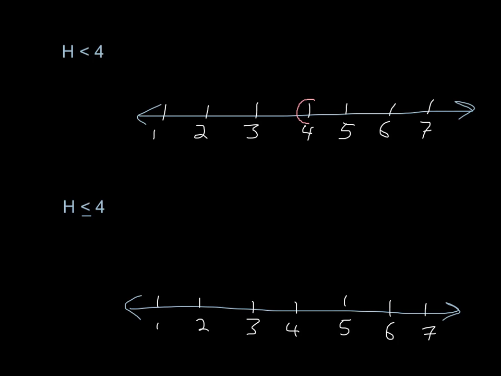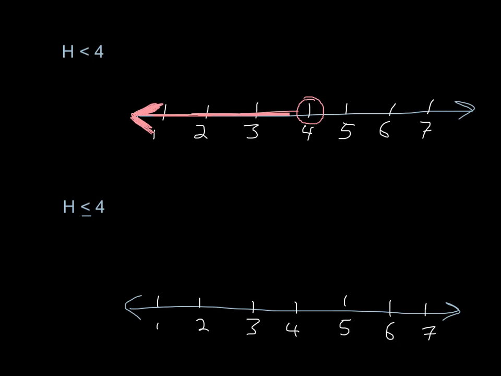We have to circle around 4 and go in the less than direction. We're pointing to the left. And if you'll notice, the arrow looks a lot like the less than sign. As long as you keep your variable h or x or whatever letter it is on the left-hand side, the arrow will match the sign.